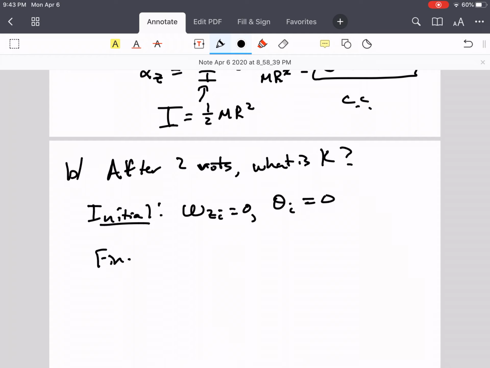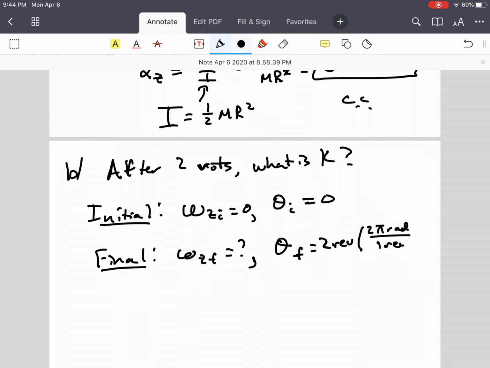And at the end of the day, I don't know my final angular frequency, but I do know that I've undergone 2 rotations or 2 revolutions. And if I want to convert that into an angle theta, all I need to do is say that 2 pi radians is 1 revolution. So I do a units conversion, my revolutions cancel, and I get 4 pi radians is 2 rotations.